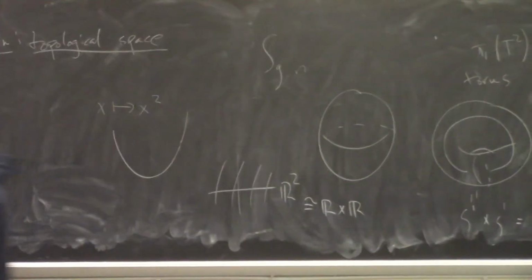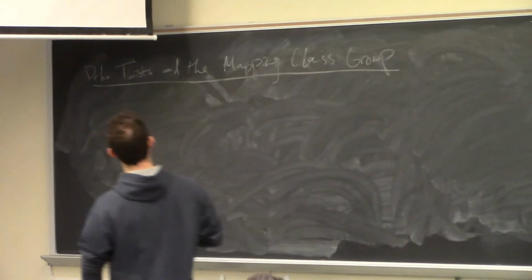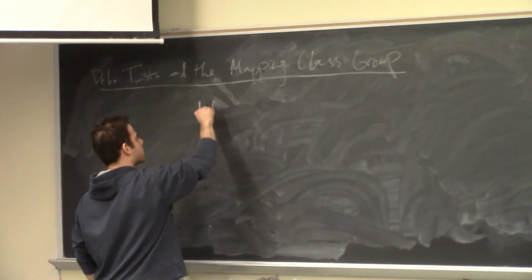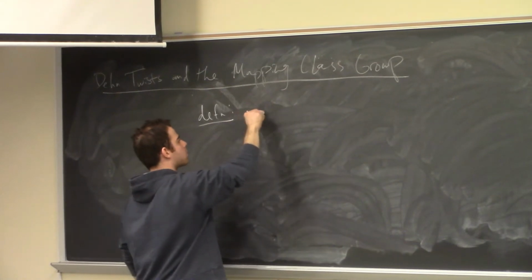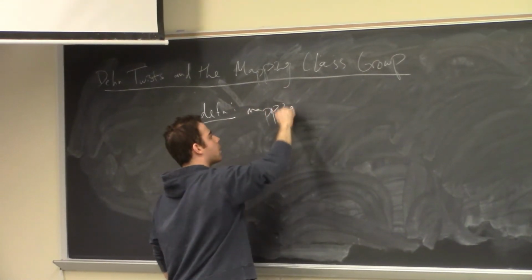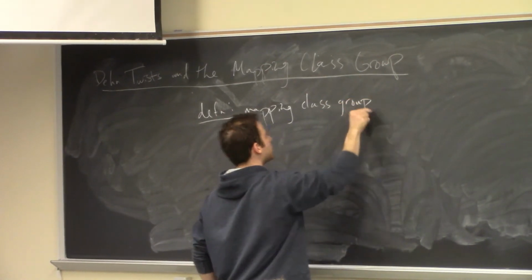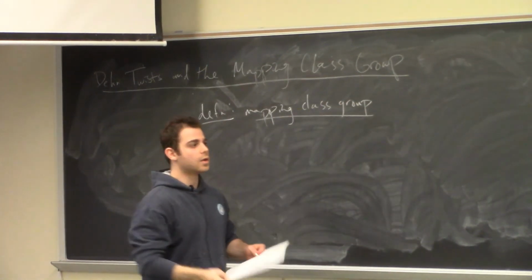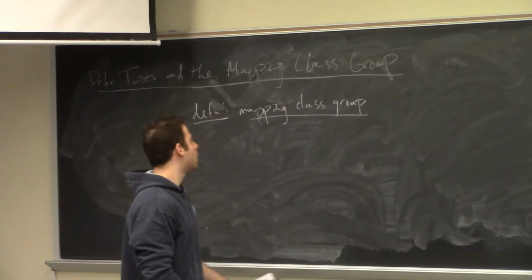Okay. So what is the mapping class group? The mapping class group is generally really important. I'm going to call it mod S, where S is going to be a surface from here on out. So we can just take one of those to be our geometric picture in mind.